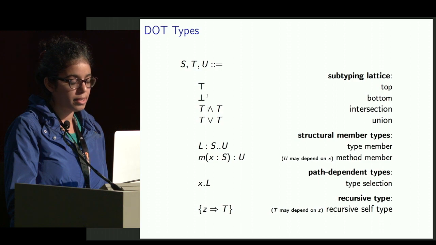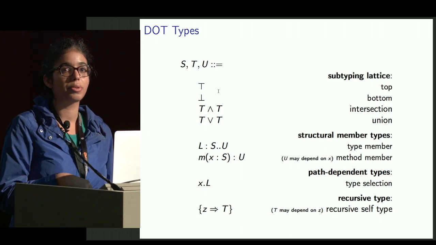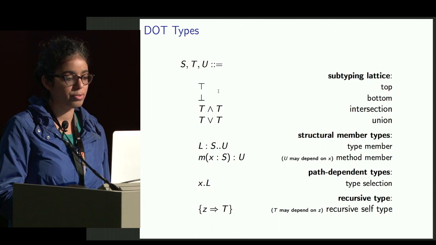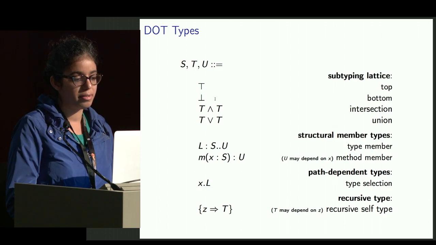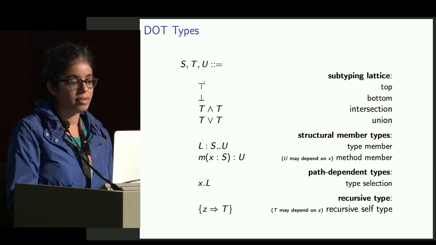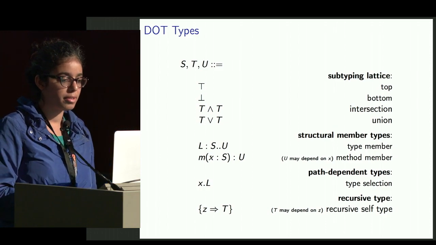And what's nice is that I'm just showing you the syntax, but it also gives you an idea of what you can do, because there are no additional well-formedness rules. Anything that you can express by combining these different operations is pretty much valid in the system.